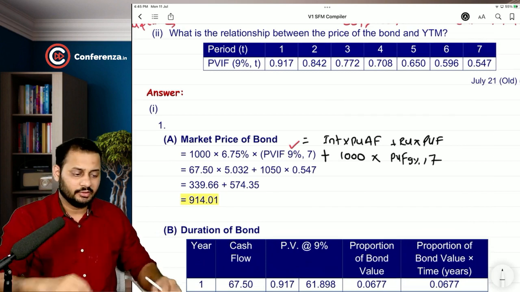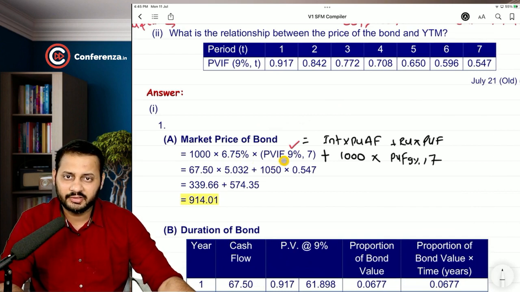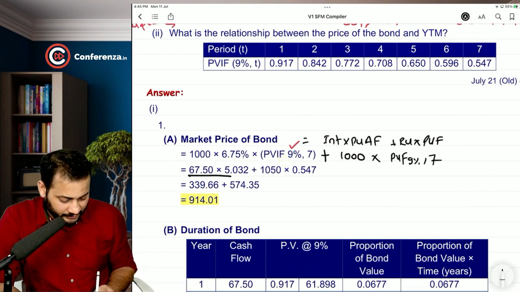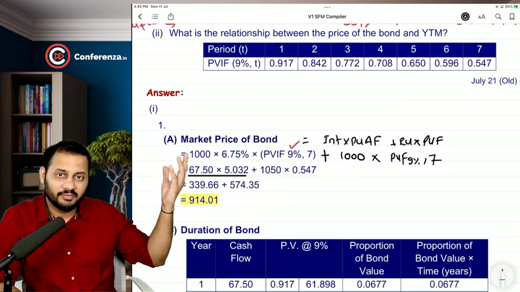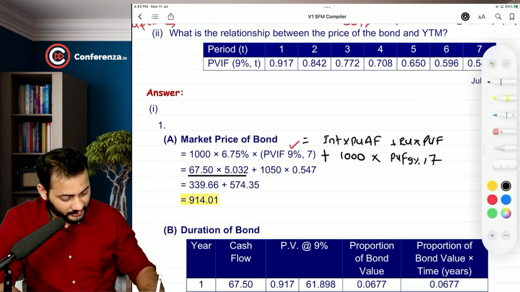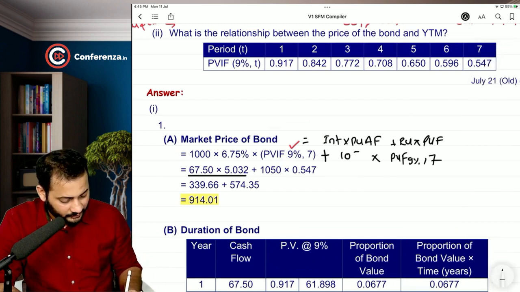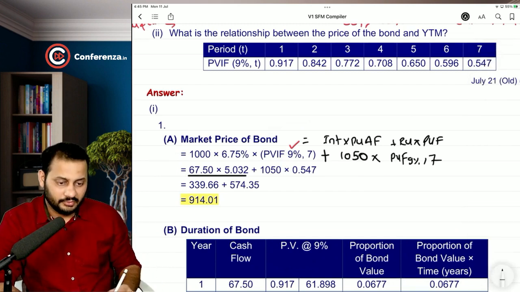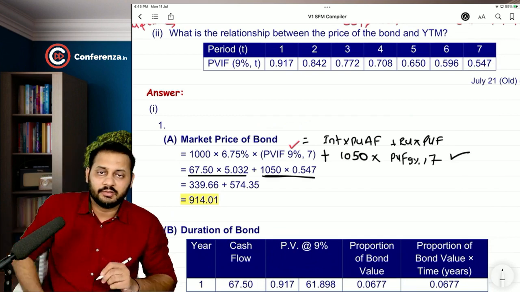Write down. See, 1000 into 6.75% into present value annuity factor is just one thing. This much is the present value of interest. Where is the present value of redemption value, right? Also, redemption is not happening at par, so it will be 1050. This thing. So please write down this particular thing.